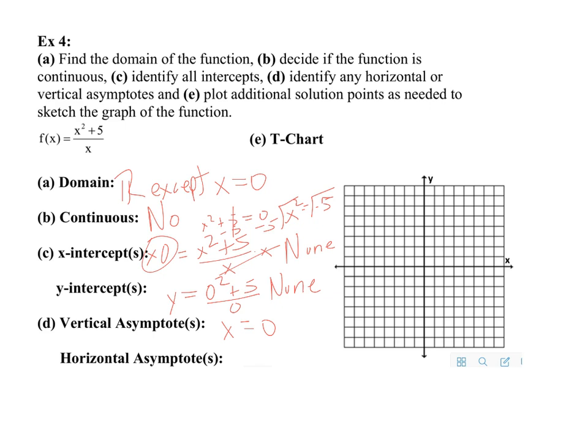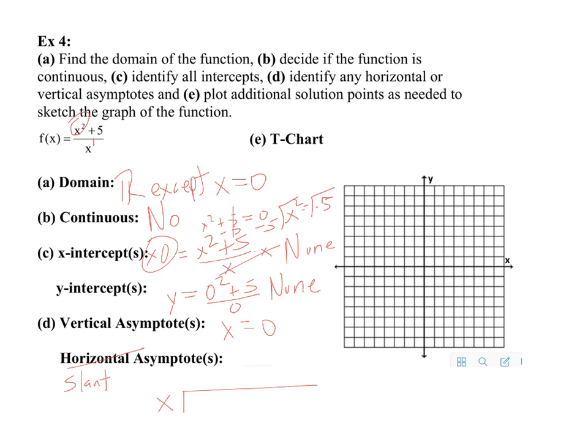Okay, there's a little bit of a process when you're figuring out the slant asymptote. I know I have a slant asymptote now because the degree of the numerator is higher than the degree of the denominator. So what do? You're going to have to do long division. Yep, that's what you got to do.